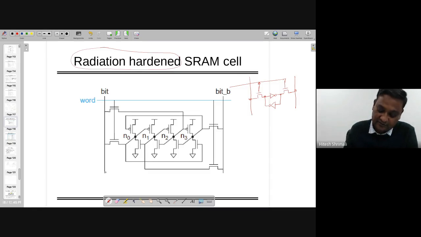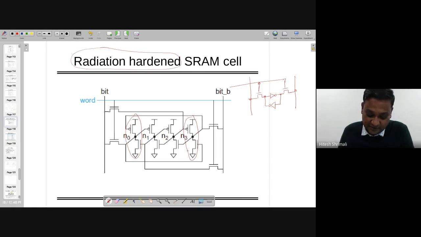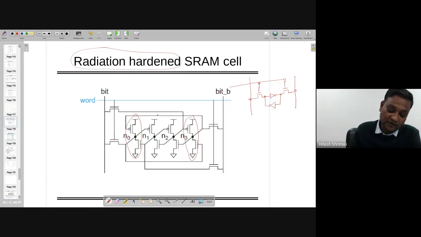But instead of two inverters, two more are added, and there both the gates are not tied together. Means NMOS and PMOS. Maybe I'm leaving this to you people to see how it's working. You have to feed 1 and 0 so that you can understand it's not going to get damaged at all. Or even if something is happening, it's going to be restored as we want, right?